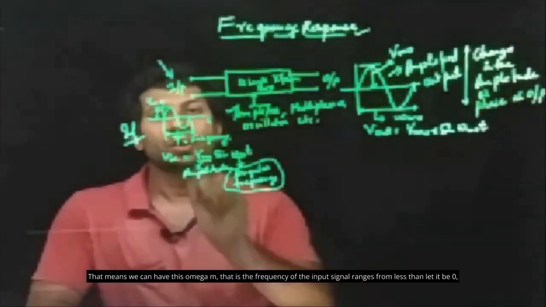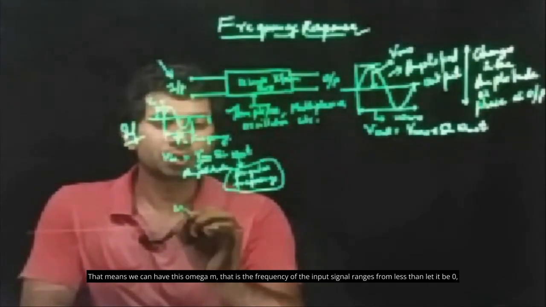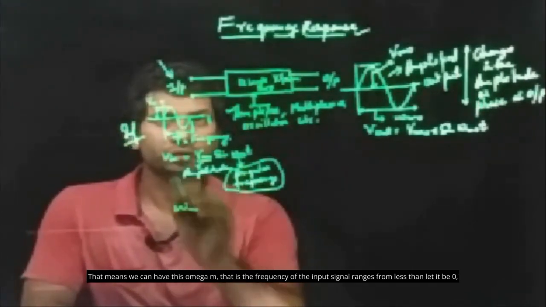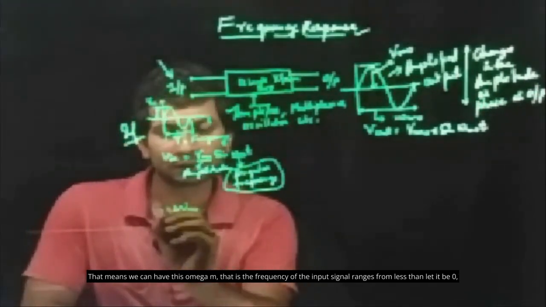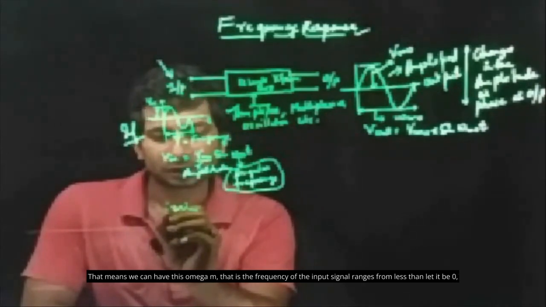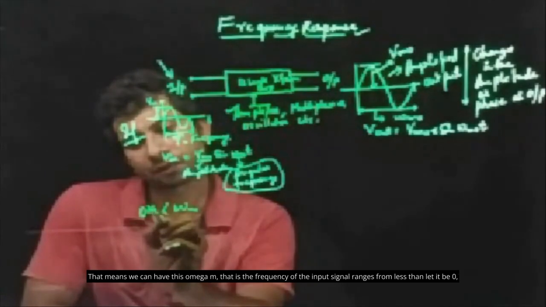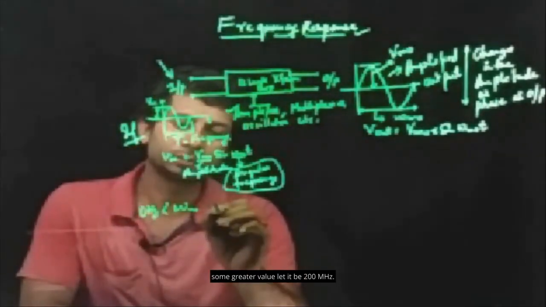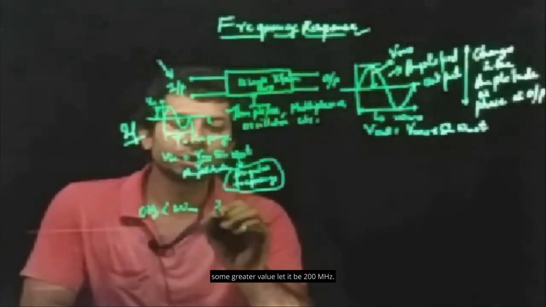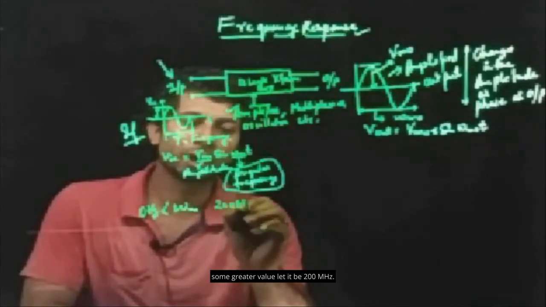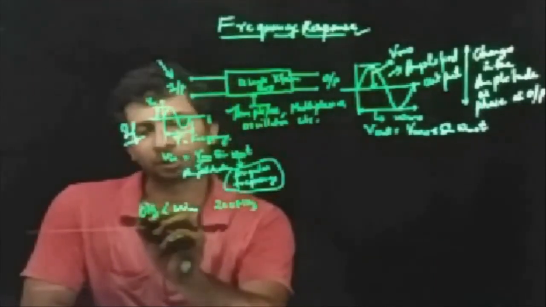That means this omega m, the frequency of the input signal, ranges from, let it be, 0 hertz to some greater value, let it be 200 megahertz.